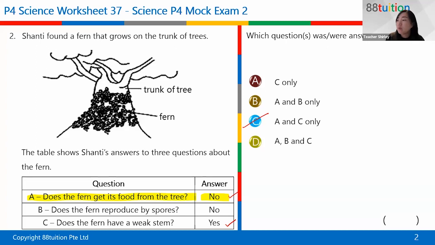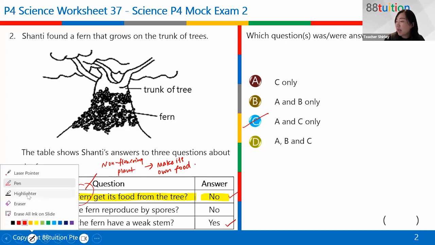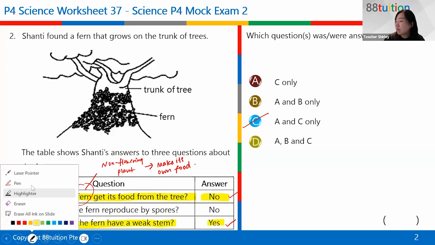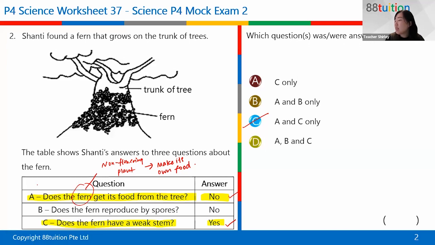The answer is no, because where does the fern get its food? The fern is a non-flowering plant. So it is able to make its own food. Does the fern have a weak stem? So the fern, as you can see, it is clinging on to the trunk of the tree.